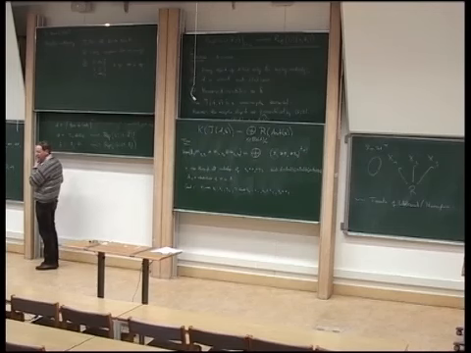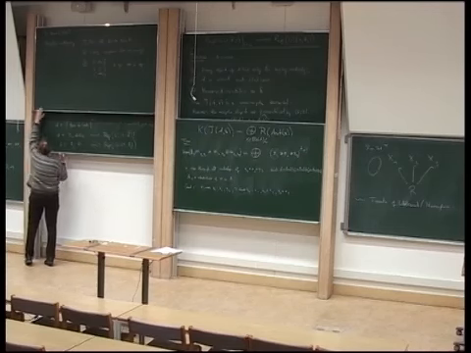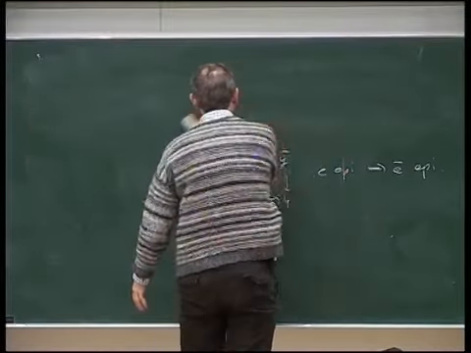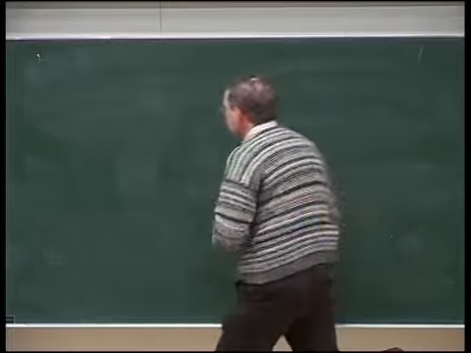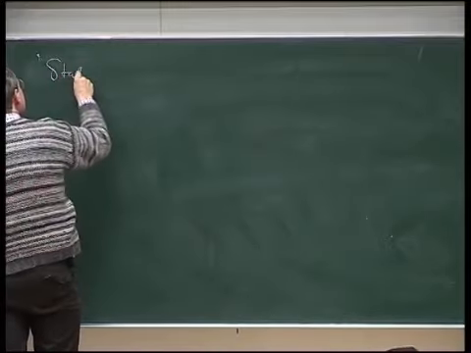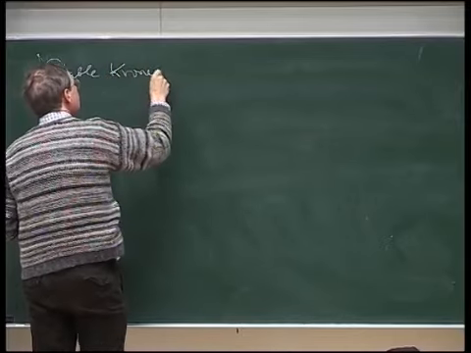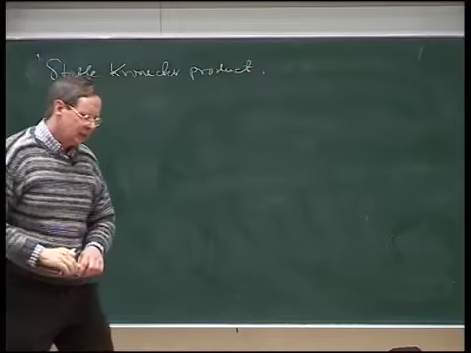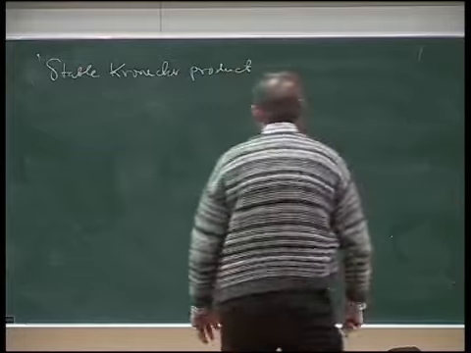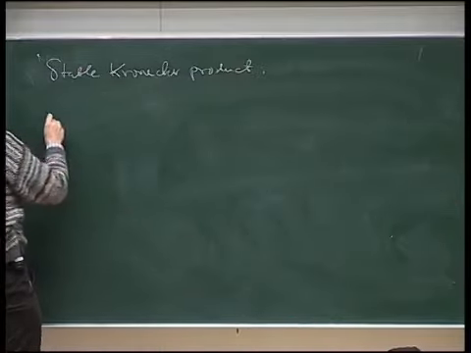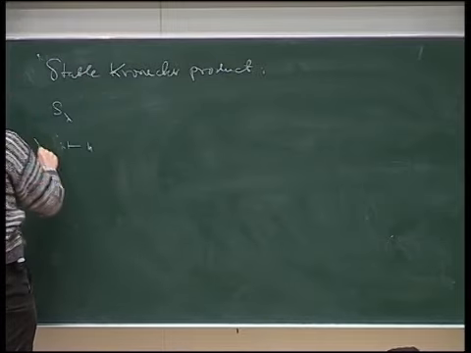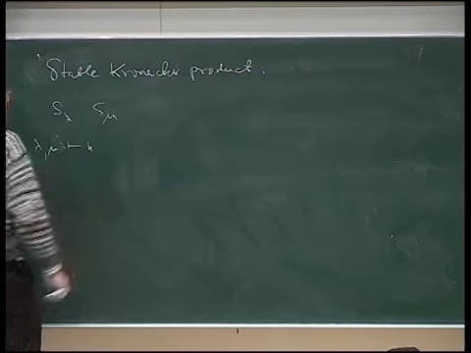I may have 3 more minutes to explain this. The thing is, the usual Kronecker product means that you have S lambda, a Schur function, and another Schur function of the same size.